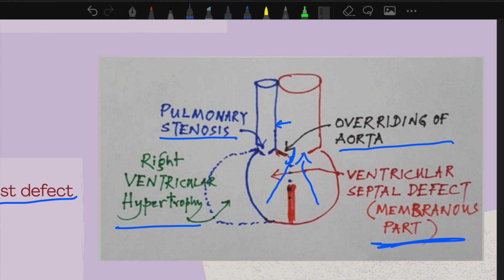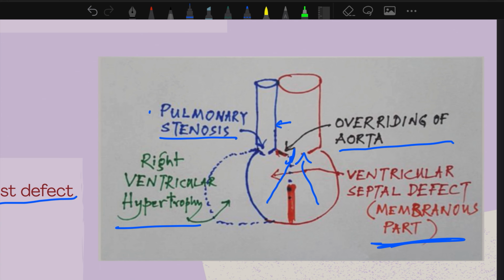So just to repeat fast, it will start with the overriding of aorta, going towards the right and getting bigger. When it gets bigger, it will take the place of the pulmonary artery, so we'll be getting the pulmonary stenosis. It's smaller.